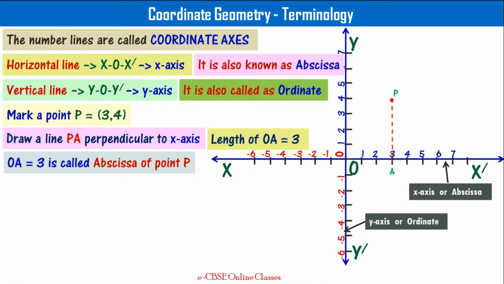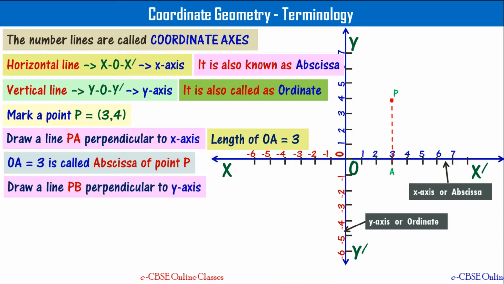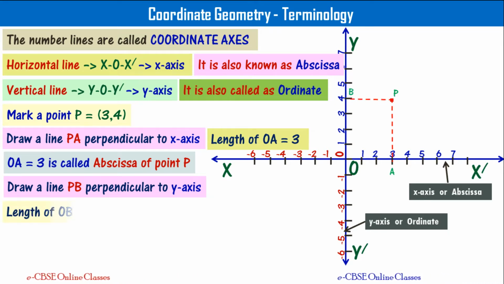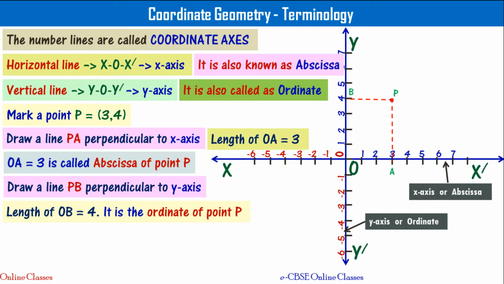Because it is on the horizontal line. Draw a line PB perpendicular to the y-axis. The length of segment OB is equal to 4 units. In the context of coordinate geometry, it is called the ordinate of point P.